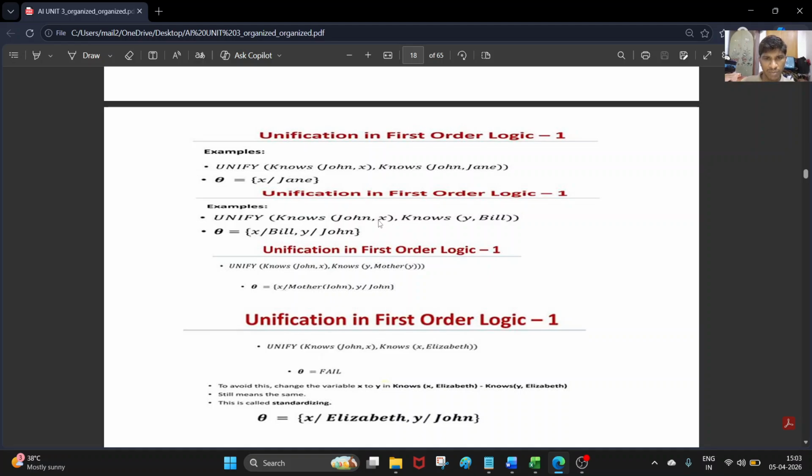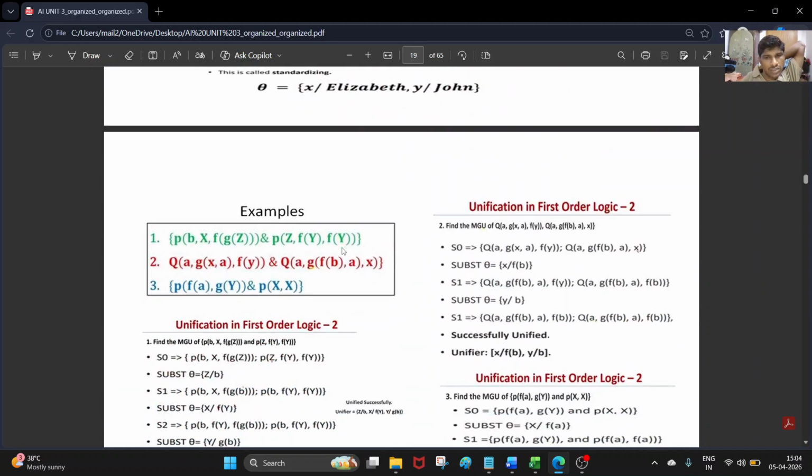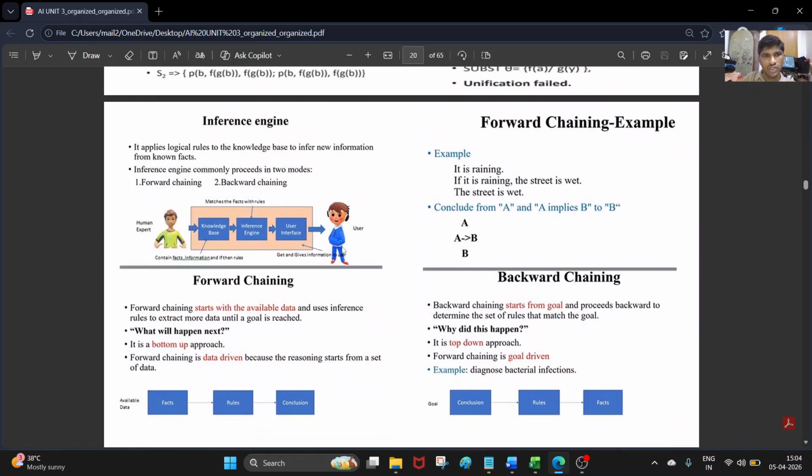So the first FOL becomes Knows(John, Bill), and Knows(Y, Bill) has Y replaced by John. This is the MGU, the most general unifier: theta is equal to X replaced by Bill and Y replaced by John. This is the example for unification.